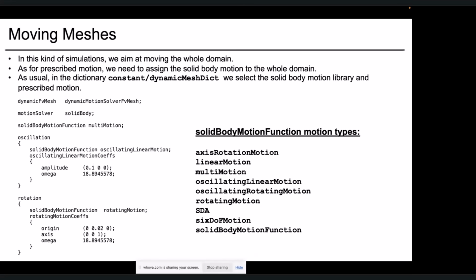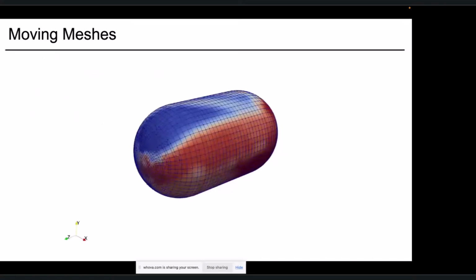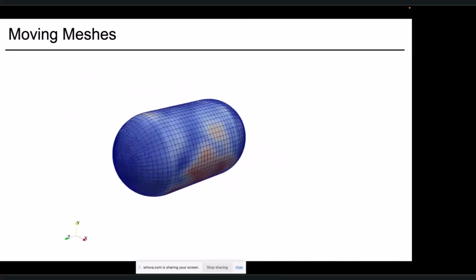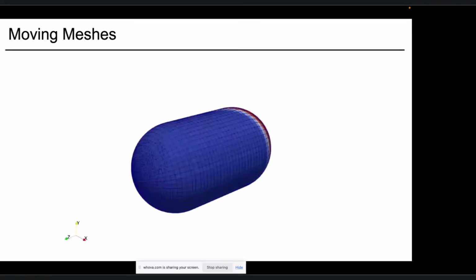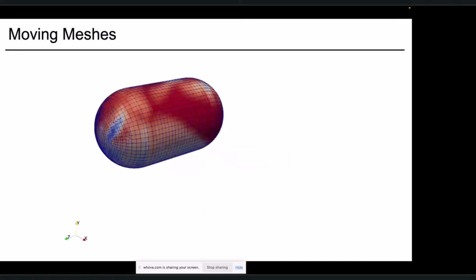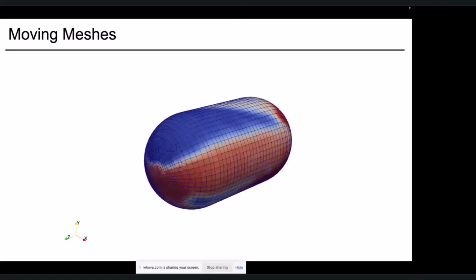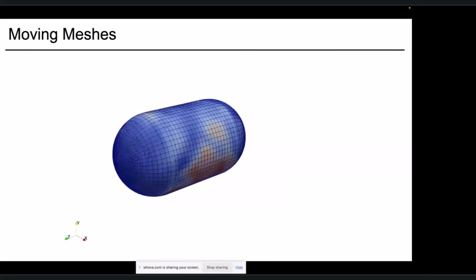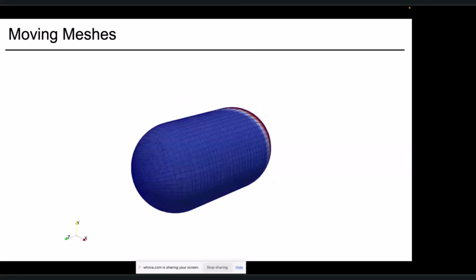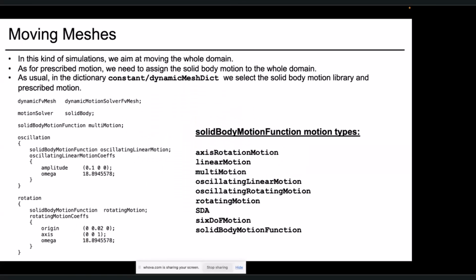What type of problem can we simulate? We can simulate problems like sloshing, where we do not need to deform the mesh, but we need to move the whole domain. That can be prescribed, as well as fluid structure interaction induced motion.